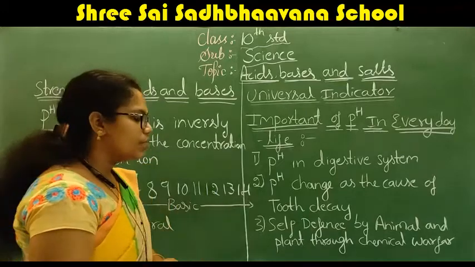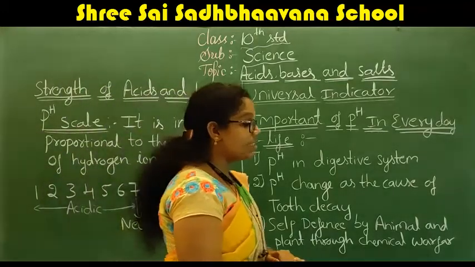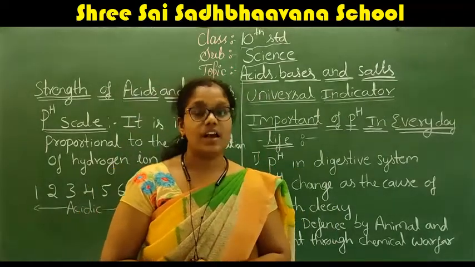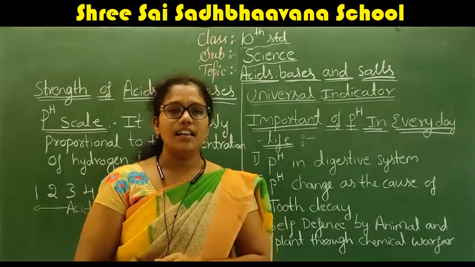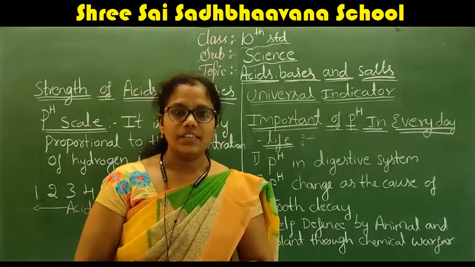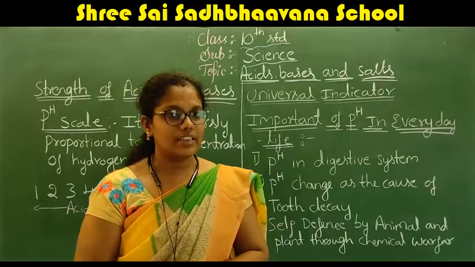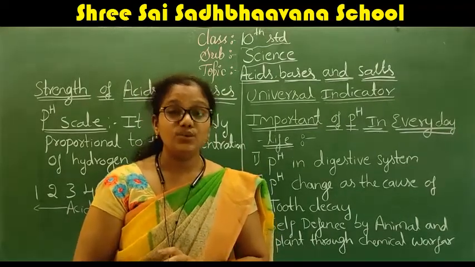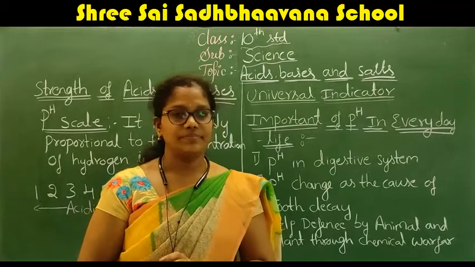What happens if the pH level decreases in the mouth? Your tooth decay starts. Or if the level of acid increases, the tooth decay also starts. That's why doctors suggest brushing 2 times a day. Why? In the toothpaste we have the base.